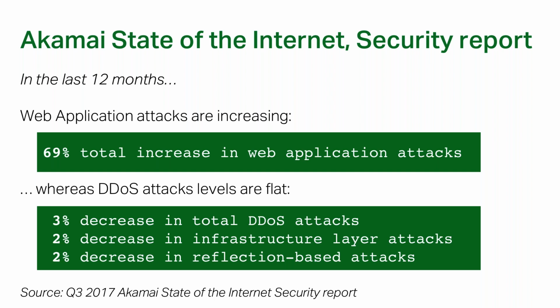These are Layer 7 attacks, HTTP and HTTPS requests that explicitly attempt to exploit vulnerabilities in the application itself. Whereas they observed that over the last 12 months, there had been very little change in the level of distributed denial of service attacks against web properties.